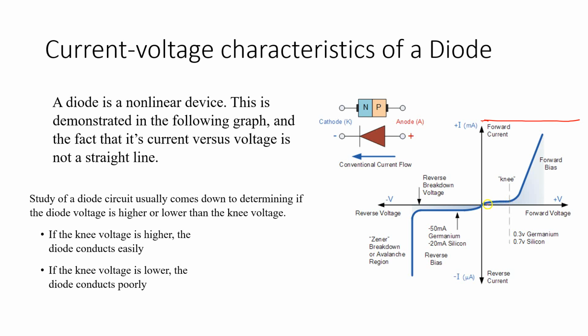This is what is taking place. So with different semiconductors, silicon has a knee point or a knee voltage of 0.5 volts. So in essence, what we're saying is that silicon needs this amount of voltage first before it can turn on.